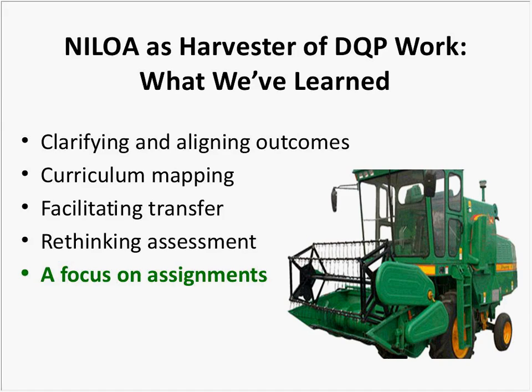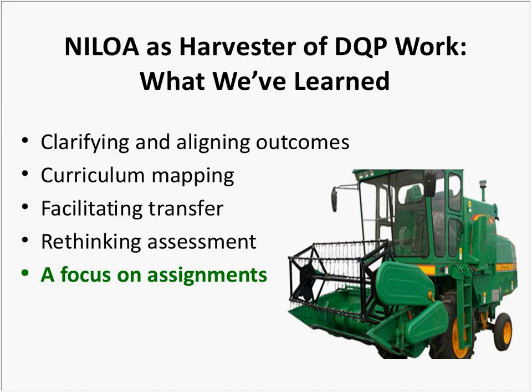Campuses are prompted by the DQP and tuning to do curricular mapping. There's attention to transfer, for instance, through AAC&U's Quality Collaboratives project, which ended about a year ago, where campuses work together, 2 and 4 years, to use the DQP to think about smoothing and facilitating transfer. Some campuses are rethinking assessment, not as something to be added on or a sampling of a few students, but as a condition for all students to move through their degree program.